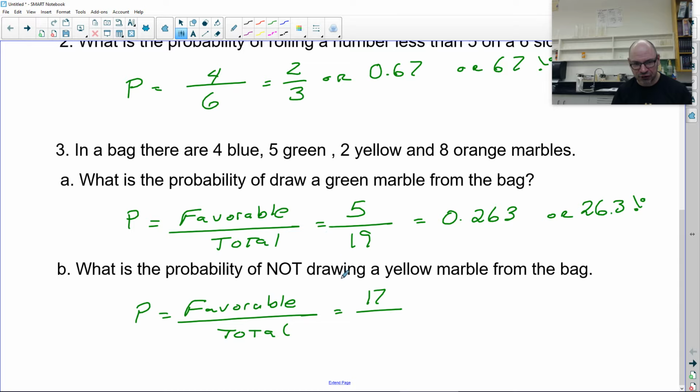And the total never changed. It's the same number of marbles over 19. Okay, so 17 divided by 19, that's going to give us decimal 0.895, or 89.5%.